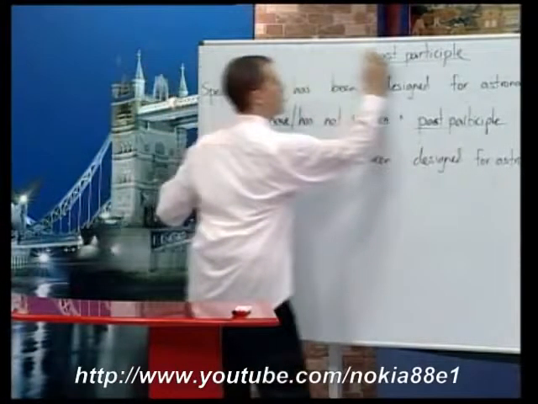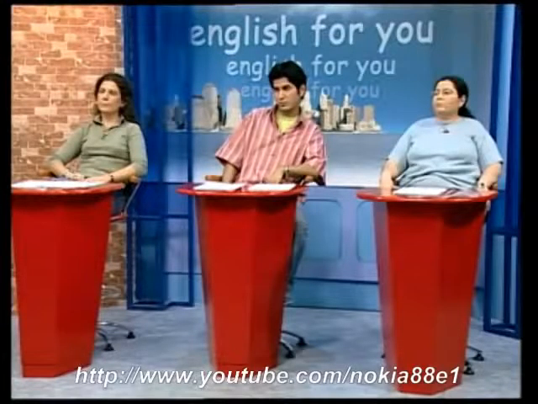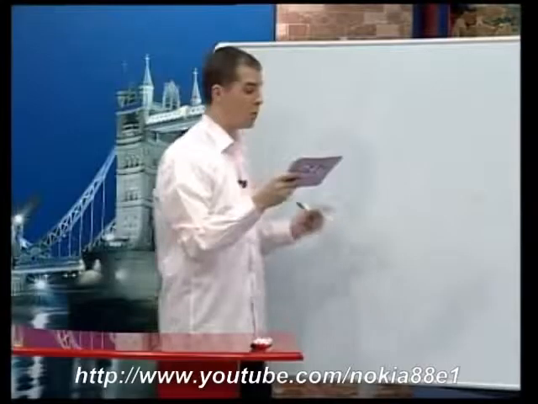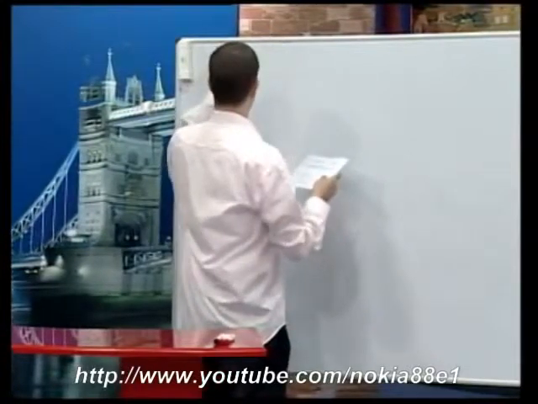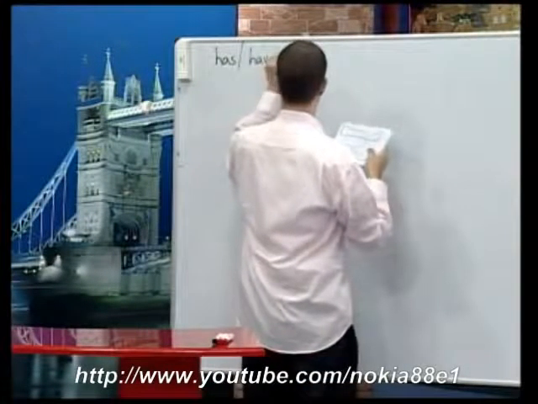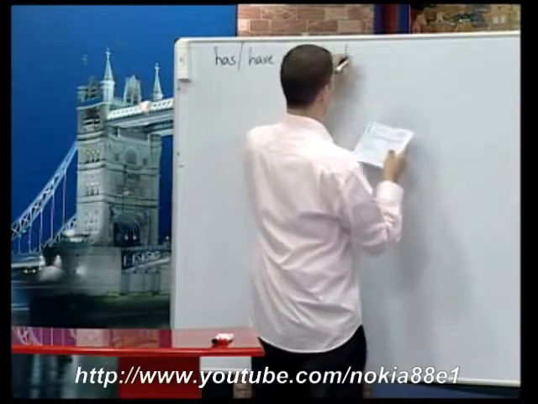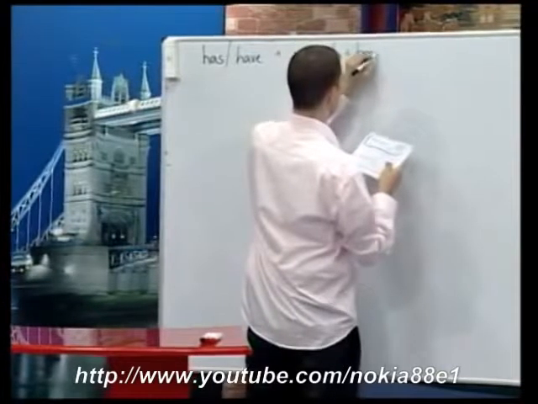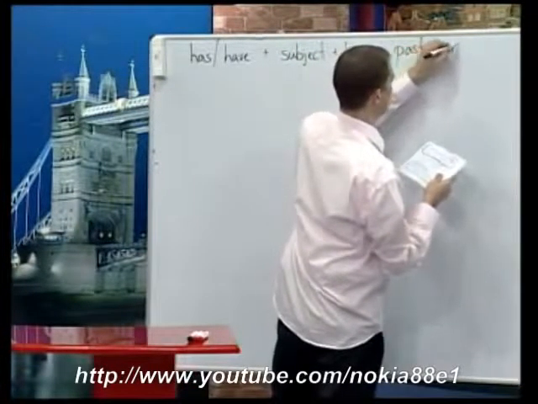Okay, let's take this off the board and have a look at yes-no questions. So, yes-no question, using the passive voice of the present perfect, we use this formula. Has or have plus subject plus been plus past participle.